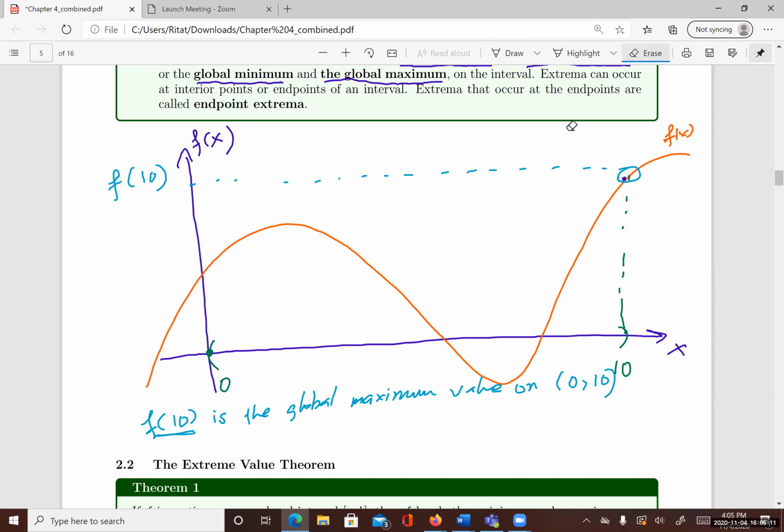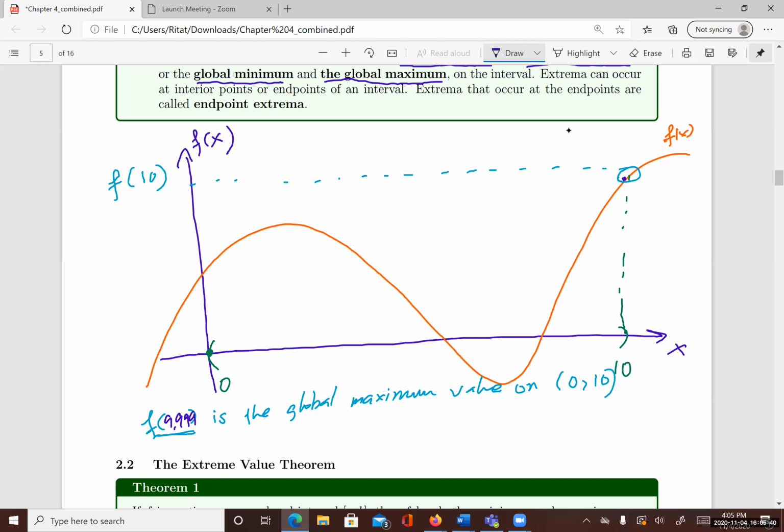If it's not f of 10, then maybe f of 9.99. It's very, very close to 10, and it's in the open interval we're looking at. But then another person says, I want to go a little closer, so I will add another 9 here.